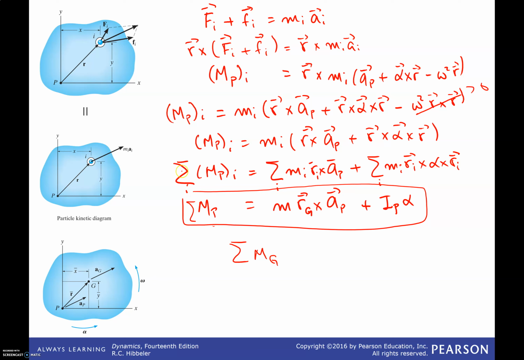These are not the same sums though. And so that is equal to Ig times alpha. That is one equation that we need to keep. Now we need to do a little more simplification on this equation, and we'll do that in the next video.